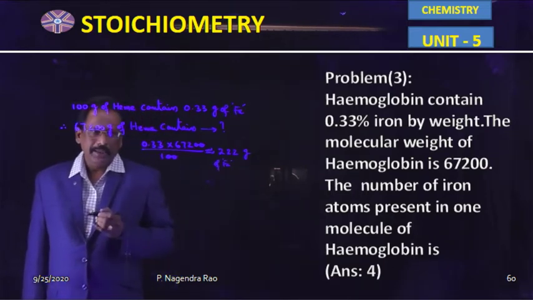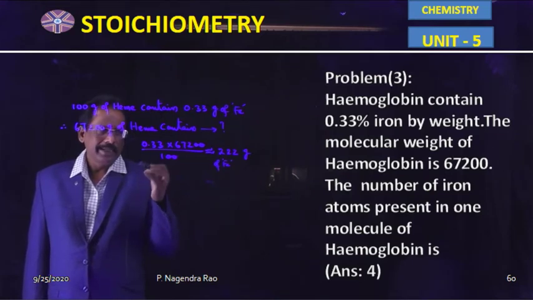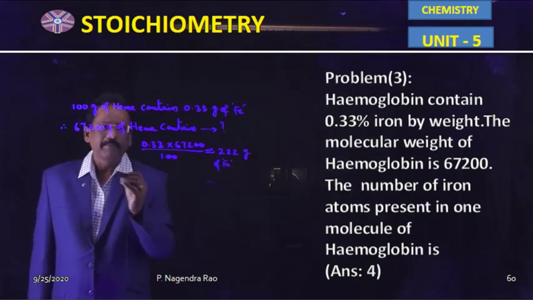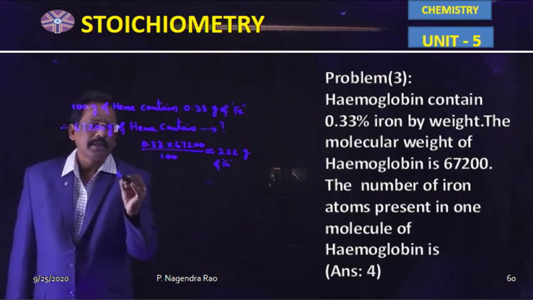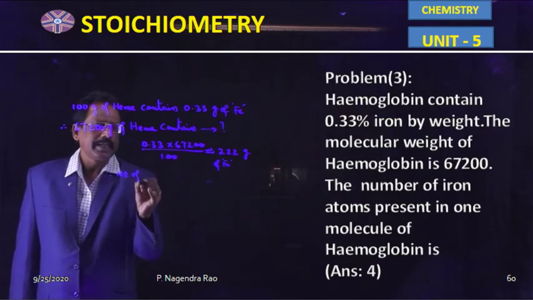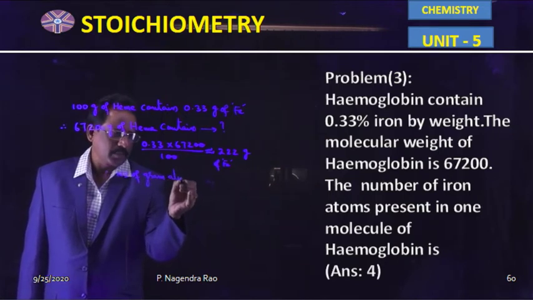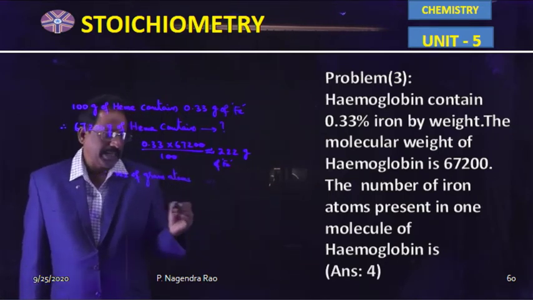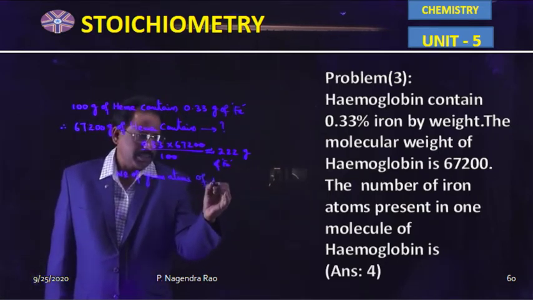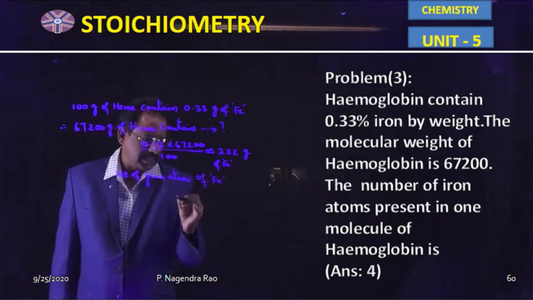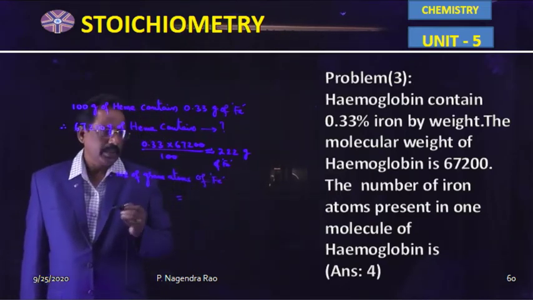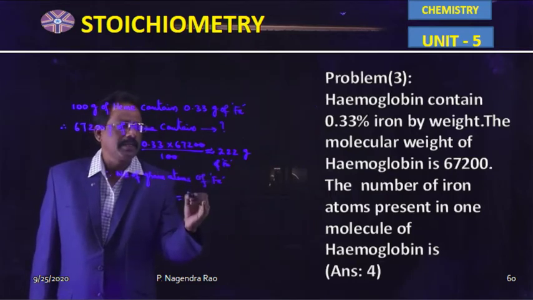Now calculate the number of gram atoms of iron. Number of gram atoms of iron is equal to weight by atomic weight.